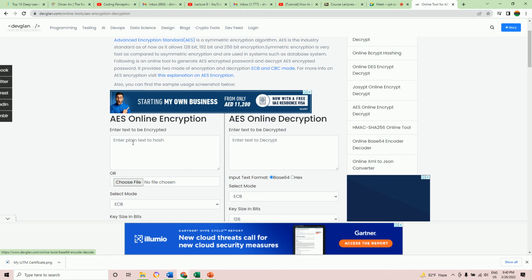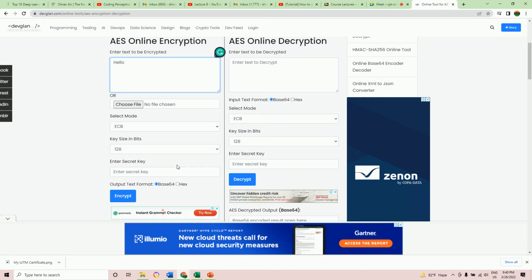Now students, let me type a message, hello. This is the plain text, or we can call it a message. Now I am going to encrypt using a symmetric encryption algorithm. Now I am entering the key.